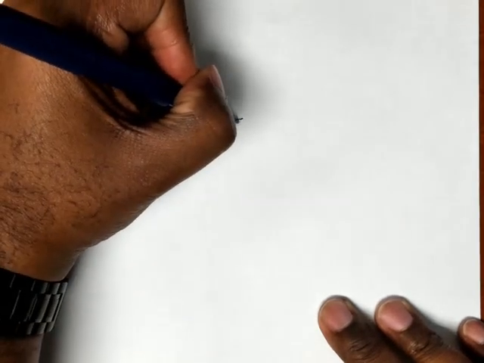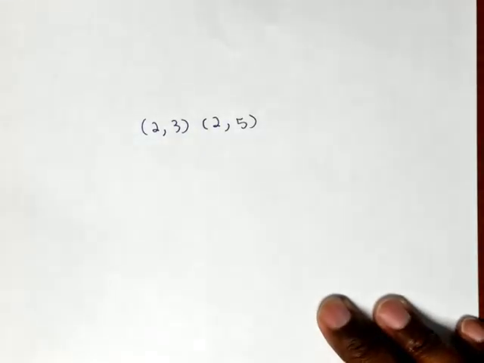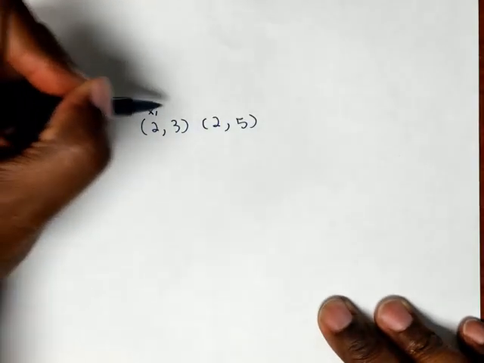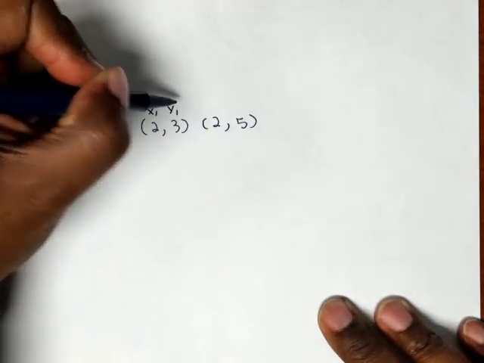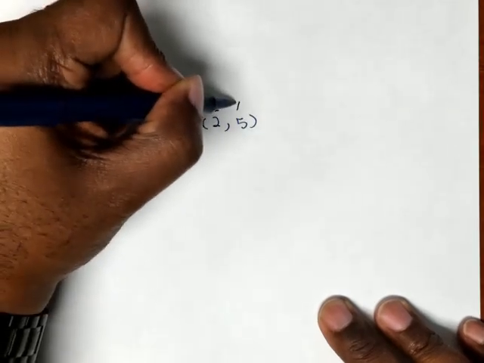Let's say we have 2 comma 3 and we have 2 comma 5. So we have your x1, your y1, your x2, your y2.